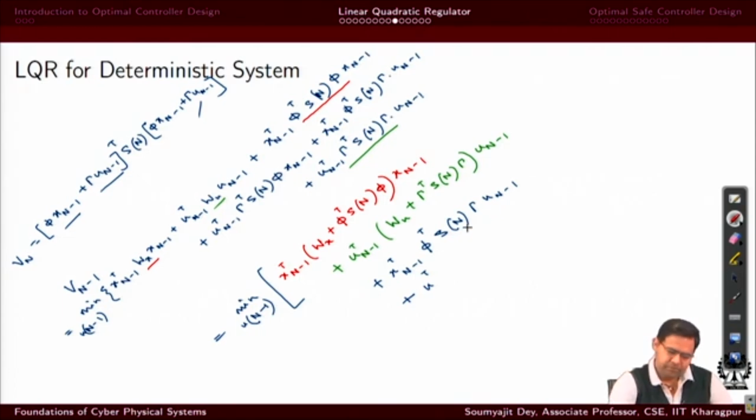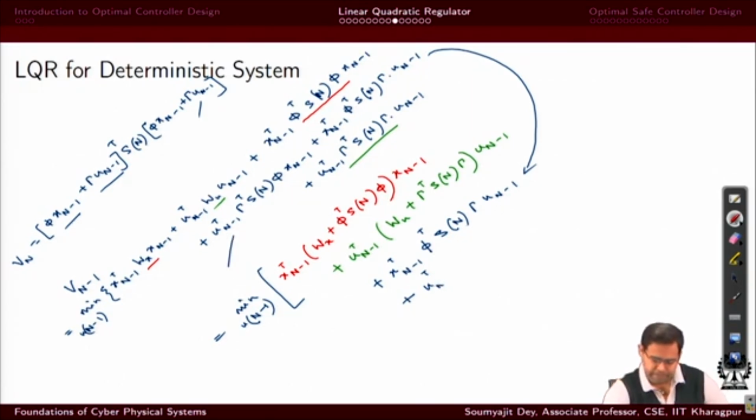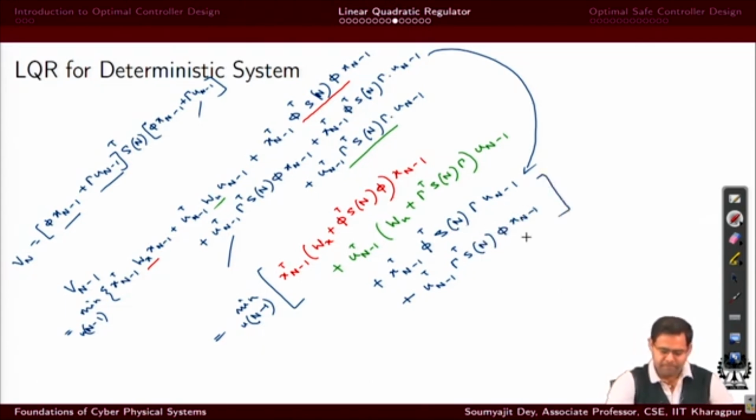We have taken care of this one here, and then the one that is remaining is this one. Yeah. So, that is the 4 terms.